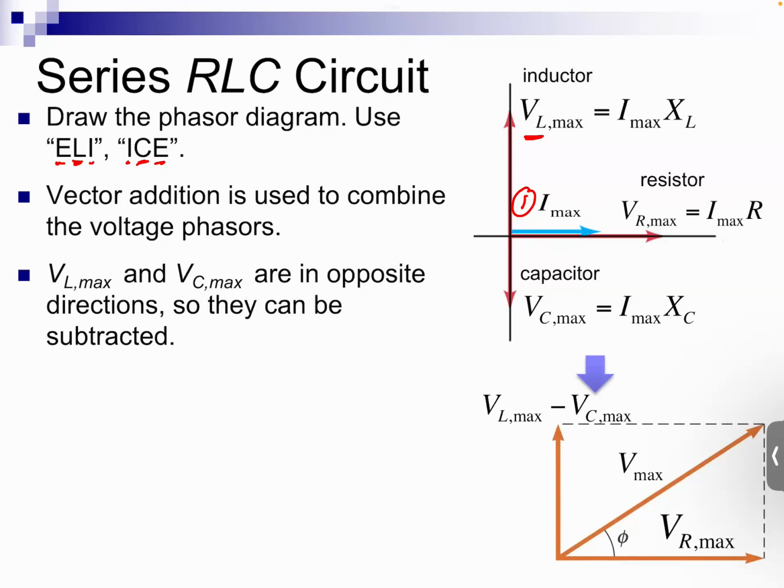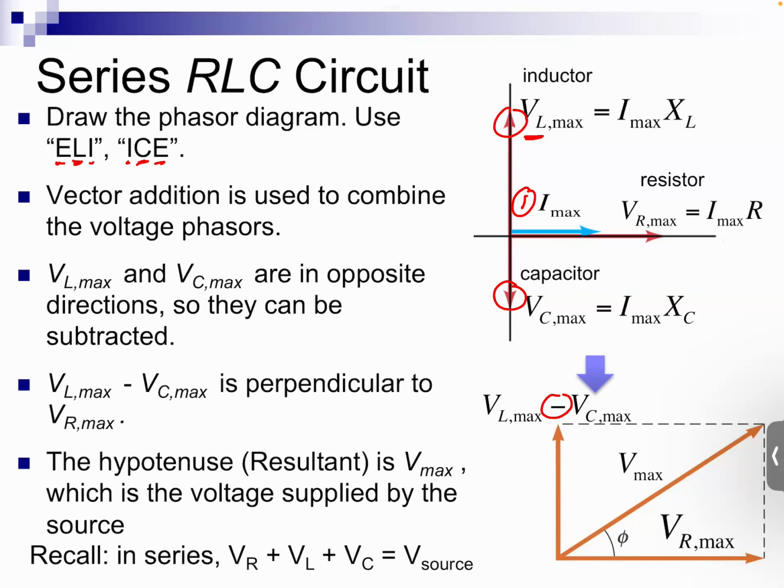You then have VL minus VC, right? That's subtracting these two voltages. And the voltage for the resistor is still the same. You have essentially a horizontal voltage and a vertical voltage.